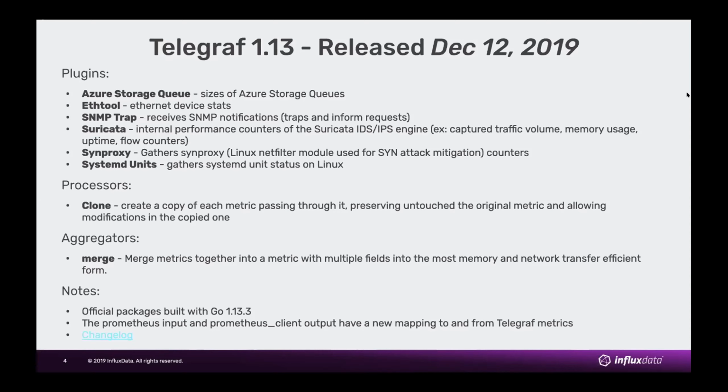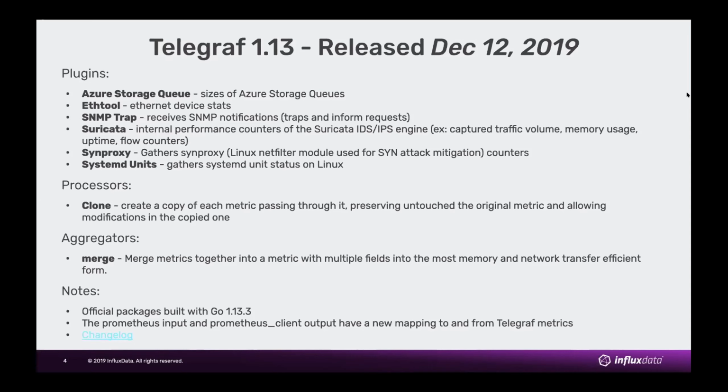And a merge aggregator as well, which will merge the metrics if you have the same measurement, timestamp, and tag, but different fields on different lines. The merge aggregator will merge them all into one single line protocol.